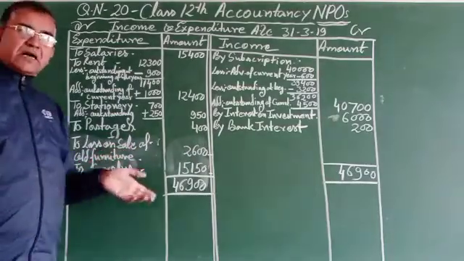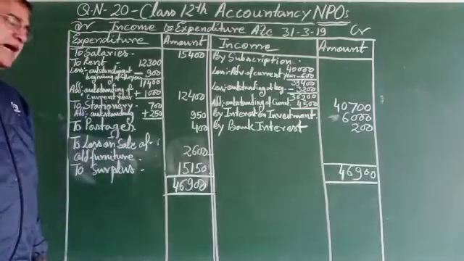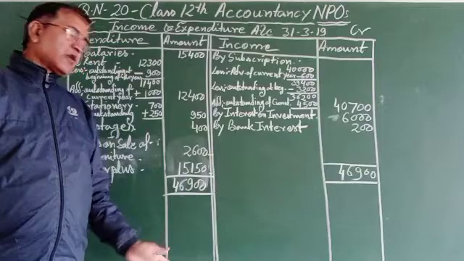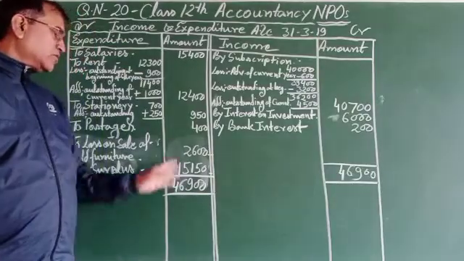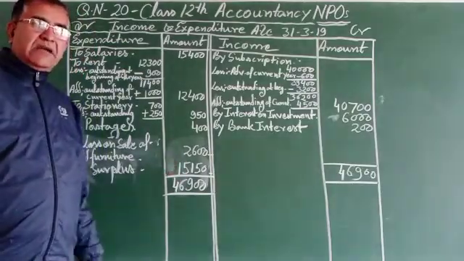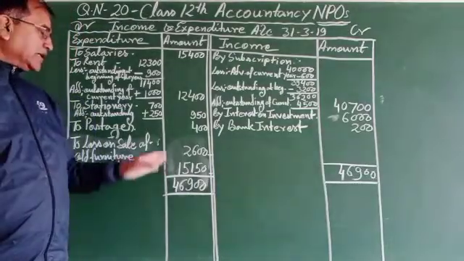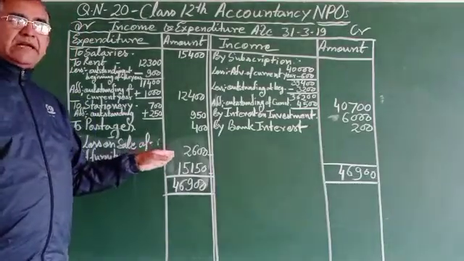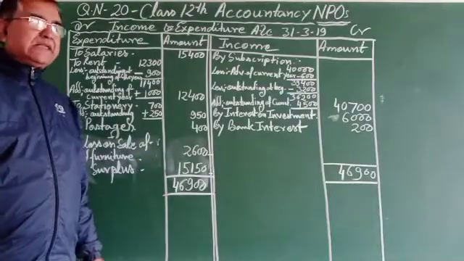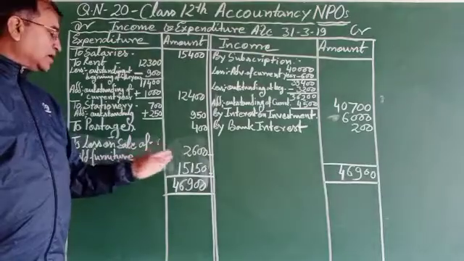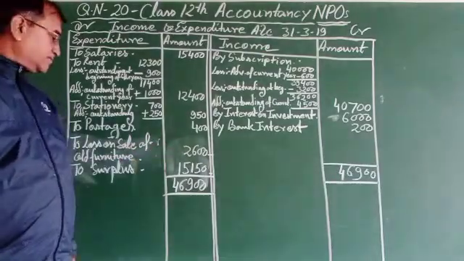Postage is 400, and to loss on sale of old furniture, whatever the cost 5,000, and it has been sold in rupees 2,400. So 2,600 will be loss on sale of the furniture. That's why it will be recorded in income and expenditure account at expenditure column, showing the loss.